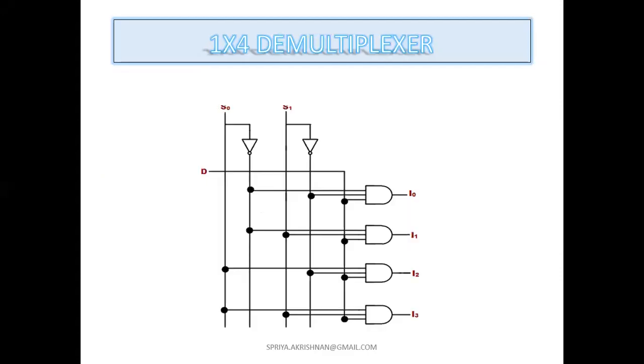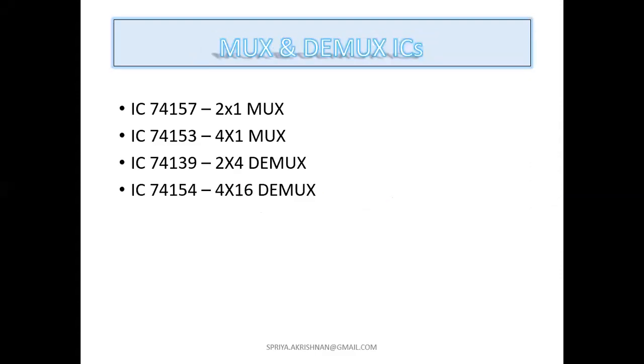So this is the circuit using basic gates. This one gives us the idea of which IC has 2 cross 1, which IC has 4 cross 1. And again it is like DMUX. What is shown here is a selection line. It is not the input.